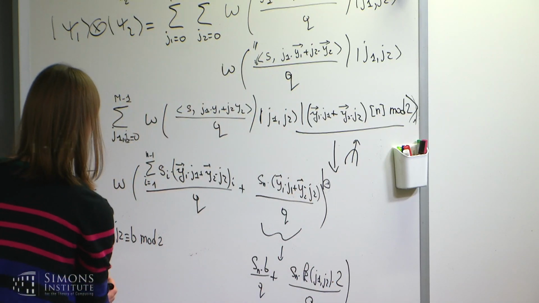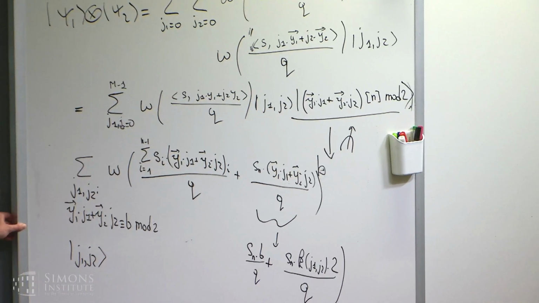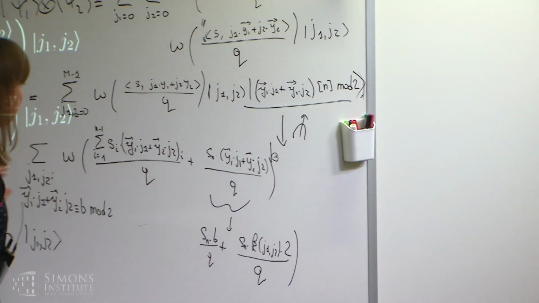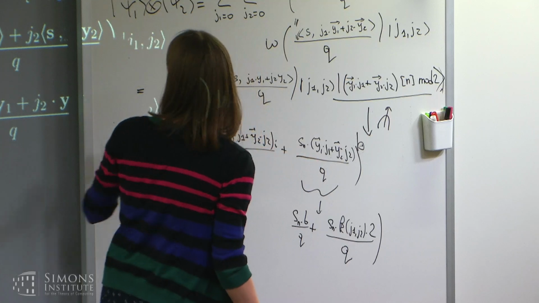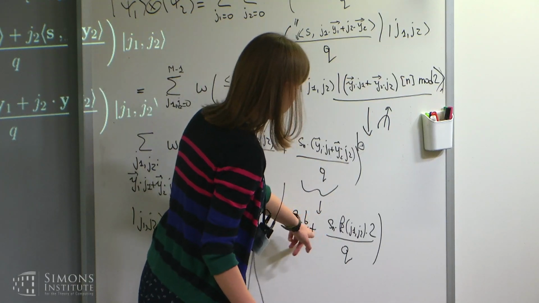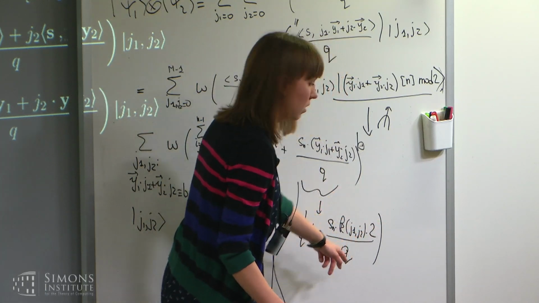Let me repeat once again. What I just want to do is get closer to my vector q here by pulling out the powers of 2 here.